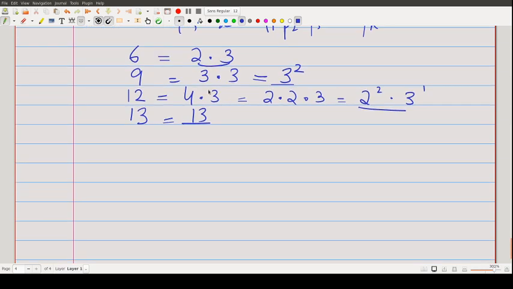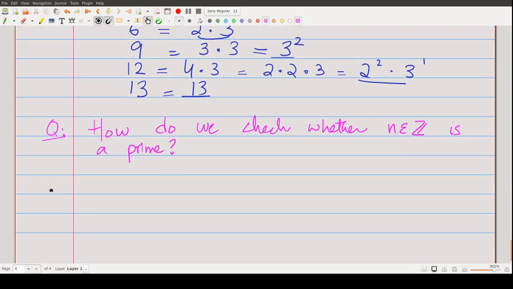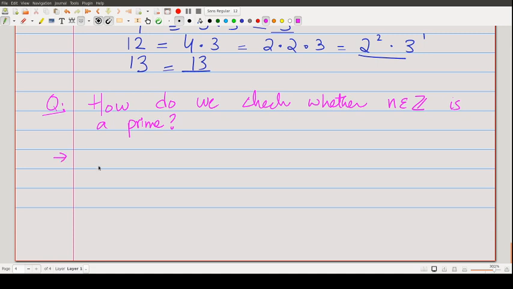Question: how do we check whether the integer n is a prime? Now, of course, the brute force method, the first thing to notice is that you can just check all numbers lower than n.